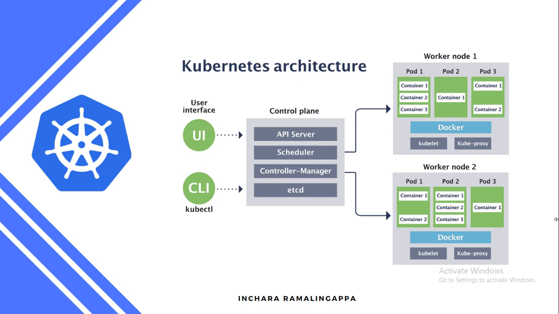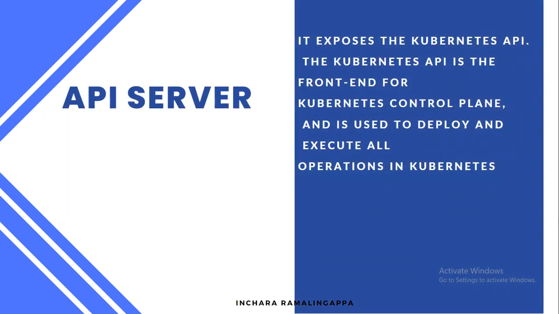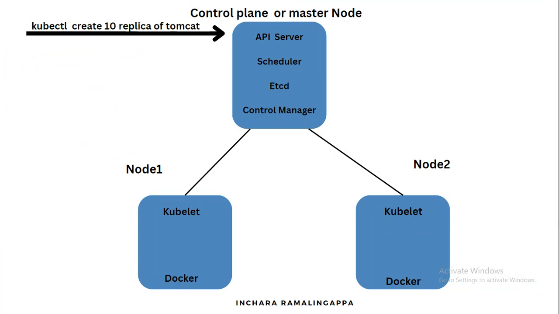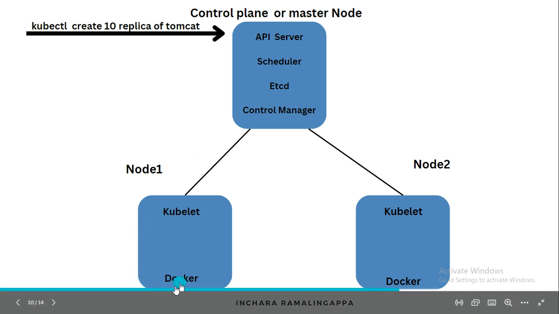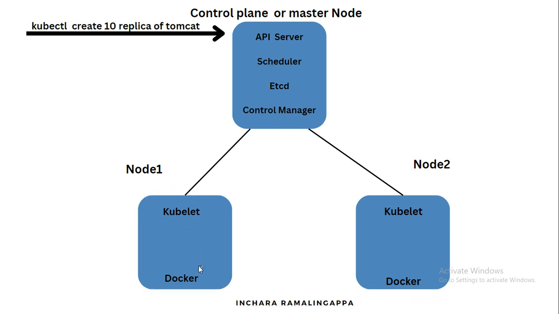If I give a request like create 10 replicas of Tomcat, Tomcat is my image. The API server communicates with the kubelet, the kubelet processes the request from the API server, and it will fetch the Tomcat image from Docker Hub. This is the task of the kubelet. Kubelet is like an agent.